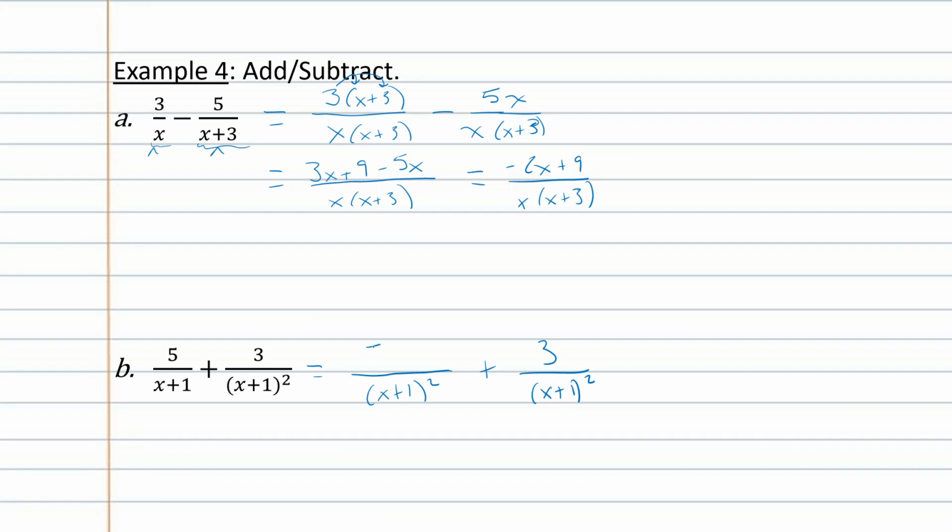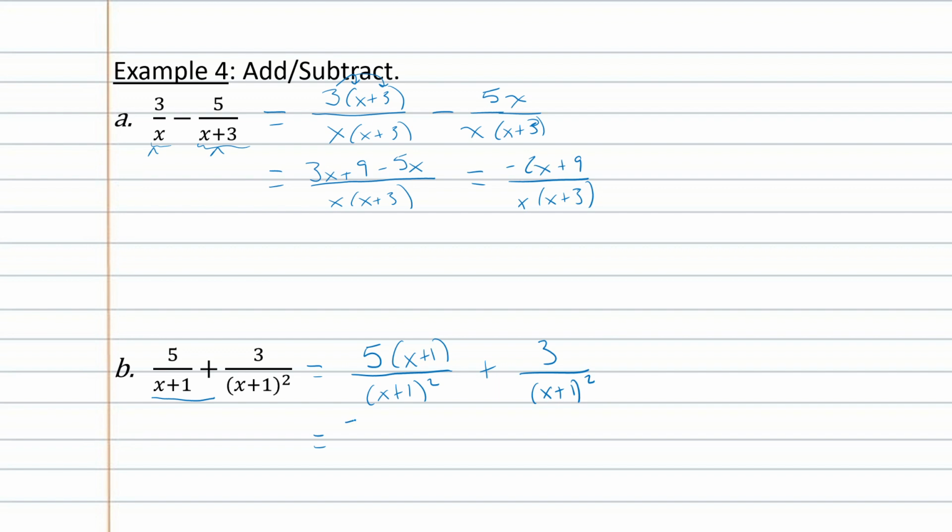But I do need to adjust this first term, because originally this first term only had an x plus 1 as the denominator. Now it has an x plus 1 squared, which means we've technically multiplied this entire first term by a whole other x plus 1. So we need to make sure that comes up in the numerator.